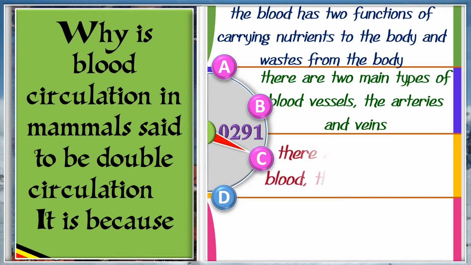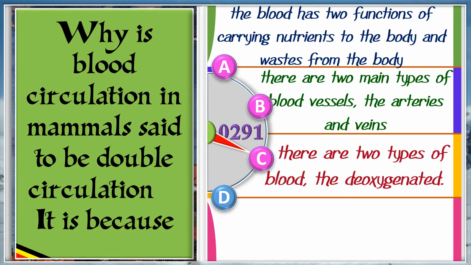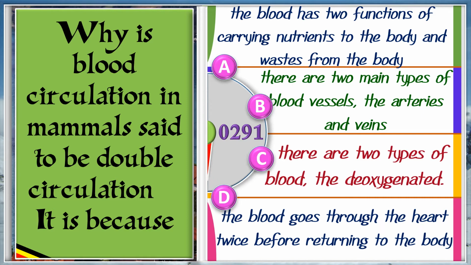C. There are two types of blood, the deoxygenated and oxygenated. D. The blood goes through the heart twice before returning to the body. And the answer is D. The blood goes through the heart twice before returning to the body.